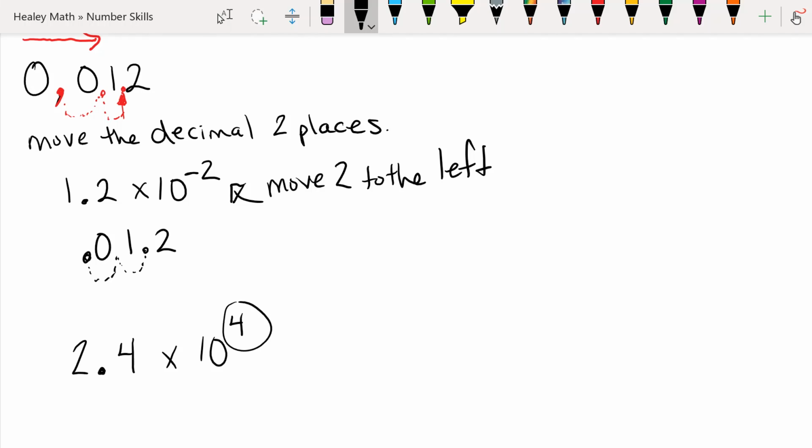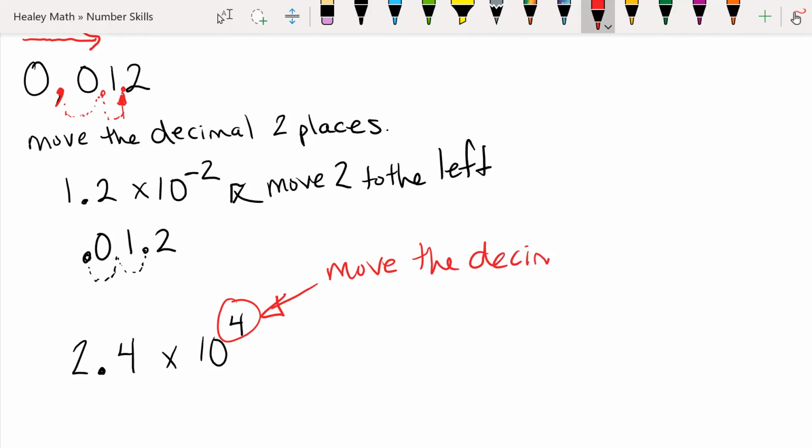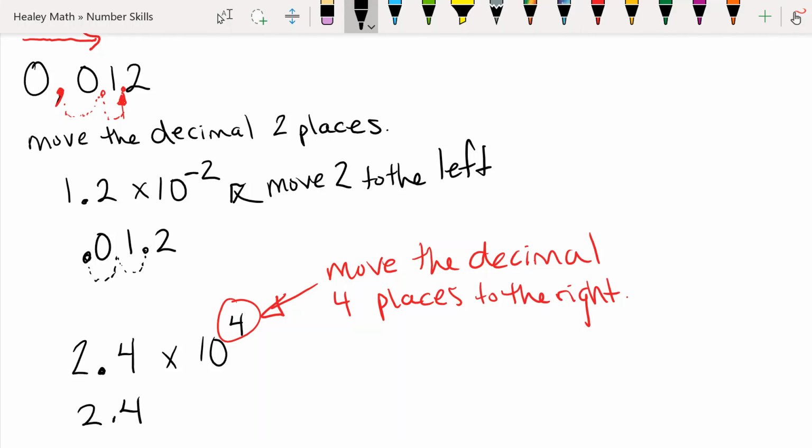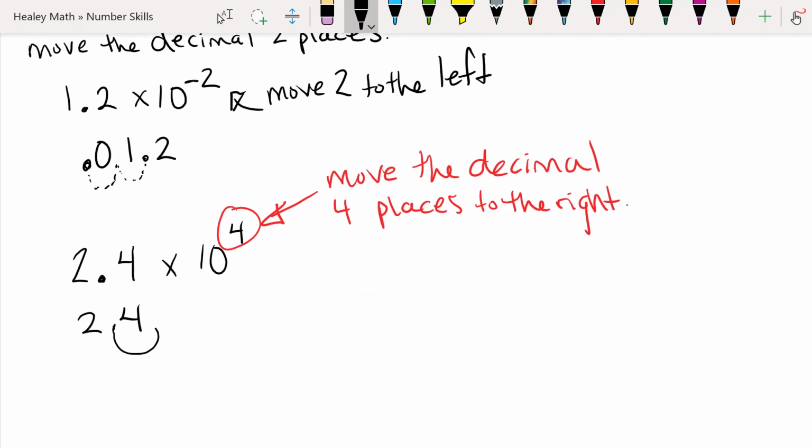And for this number we move the decimal four places to the right. So if we do that, let's rewrite our number underneath. We go 1, 2, 3, 4, and we fill these in with zeros. So our answer is 24,000.